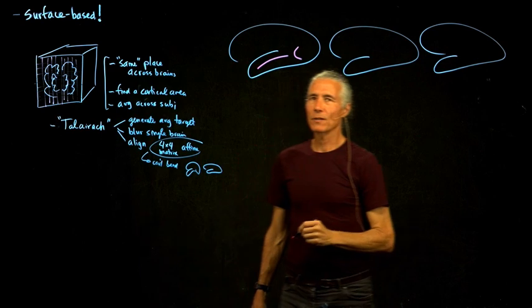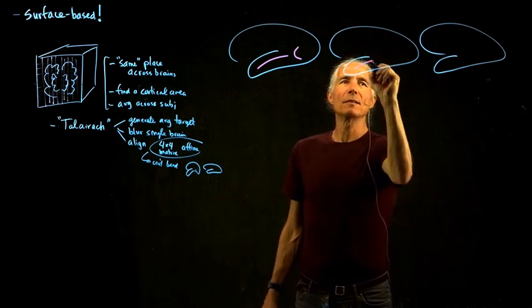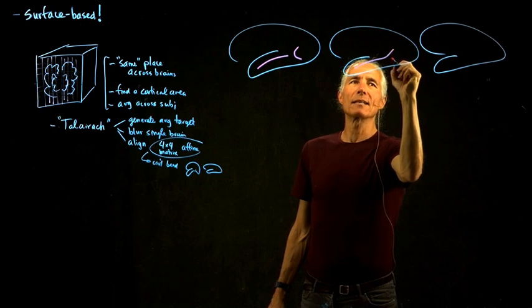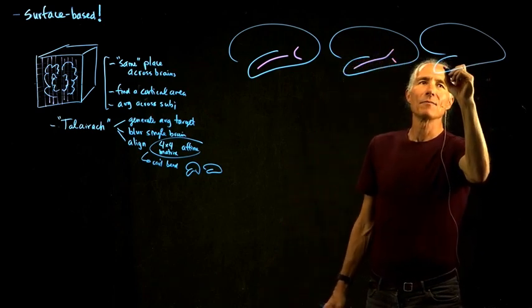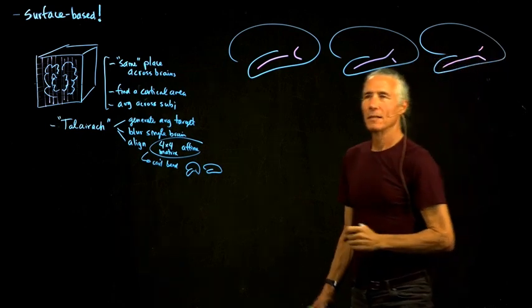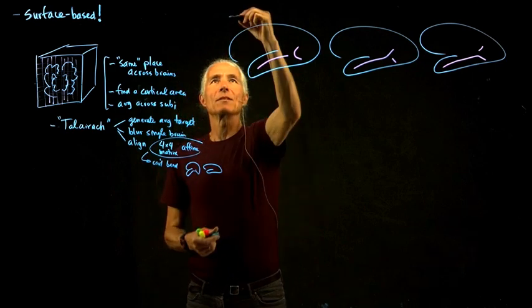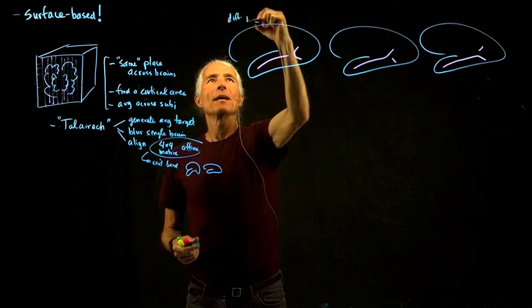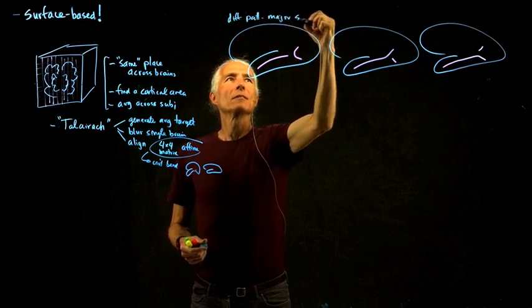There's a little vertical sulcus behind it. Another person might have a superior temporal sulcus that goes like this, and it's got a little dent behind it like that. And another one might bend down, and there's an upward dent. So what is the problem? This is a different pattern of major sulci.